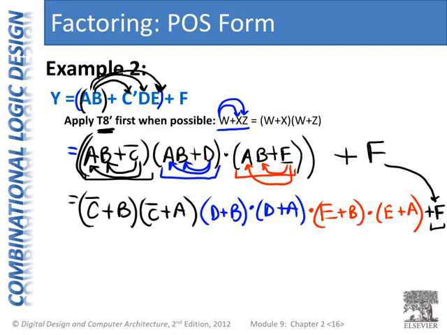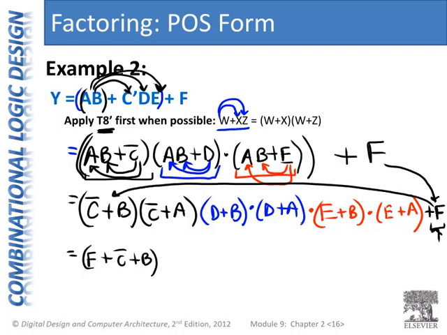So we can say F or E or A, and F or E or B, and F or D or A, and so forth. We get this F distributed across the OR. We get F or C bar or B, distributing across this term, and F or C bar or A.